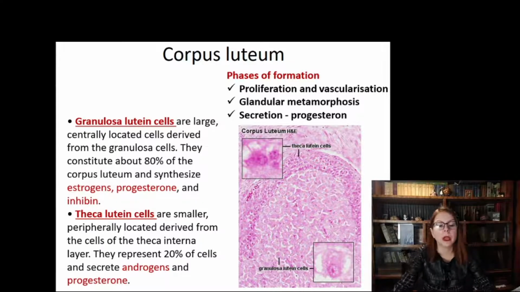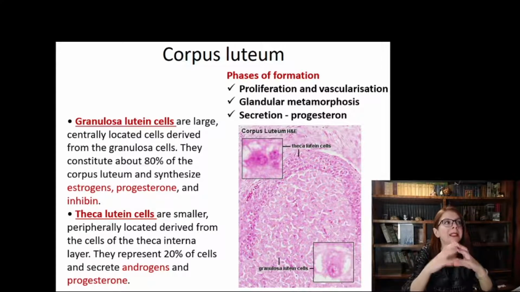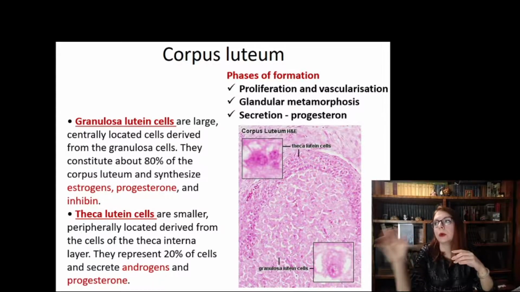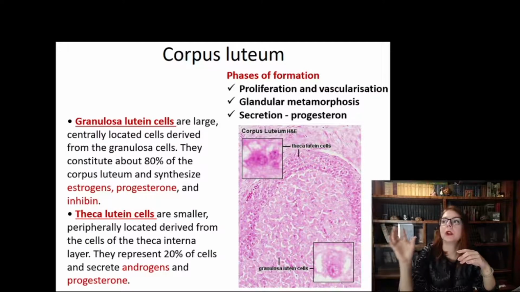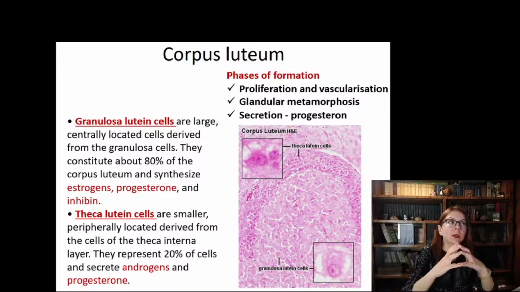Just remember that. So the yellow body exists during the next 10 days, and in case pregnancy occurs, the implanted embryo produces chorionic gonadotropin, and it stimulates the yellow body to stay and to develop further into the yellow body of the pregnancy.